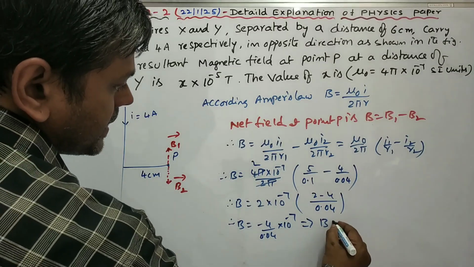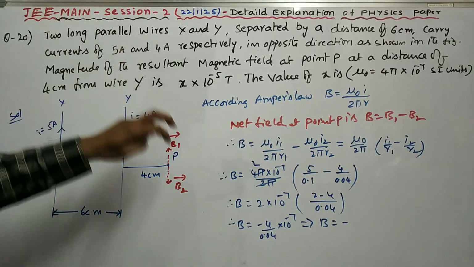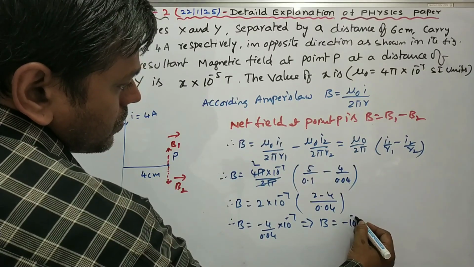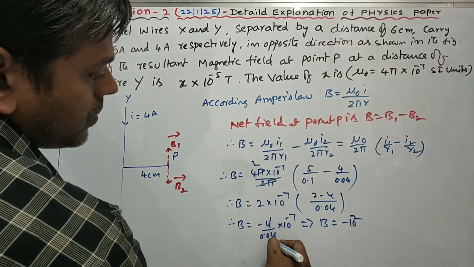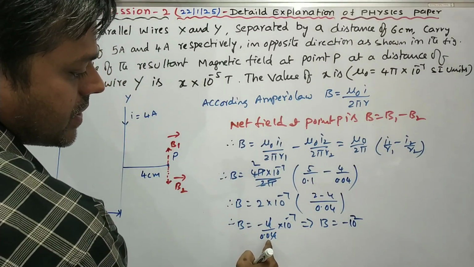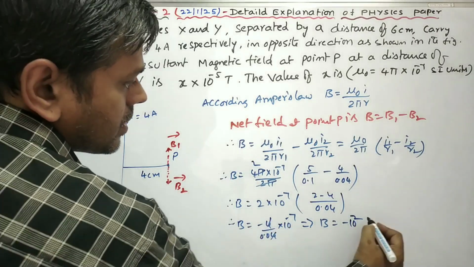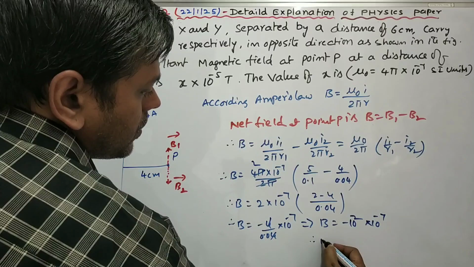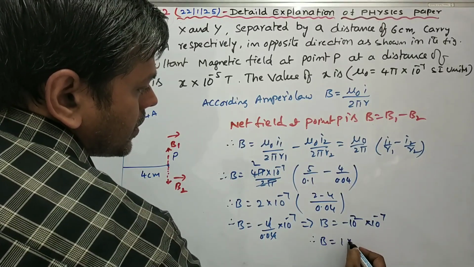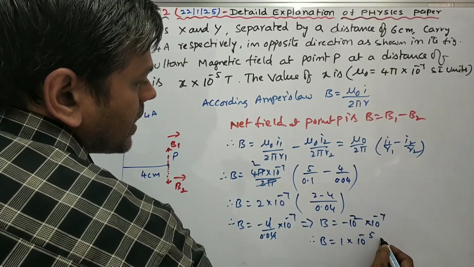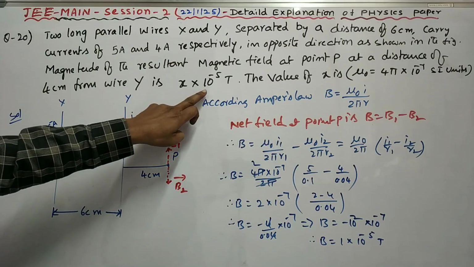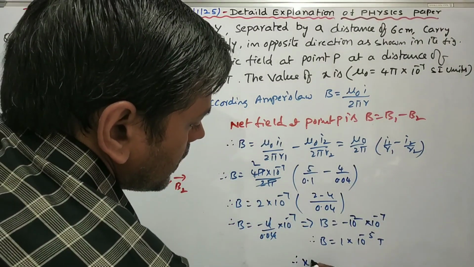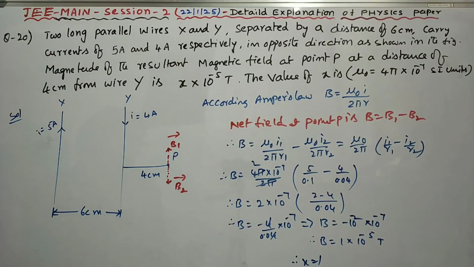That implies B is equal to minus, 1 by 100 means 10 square, when it goes to the numerator, 10 square into 10 power minus 7. Therefore B is equal to 1 into 10 power minus 5 Tesla. So according to the given equation, in place of X, 1 is there. Therefore X is equal to 1. That's it.